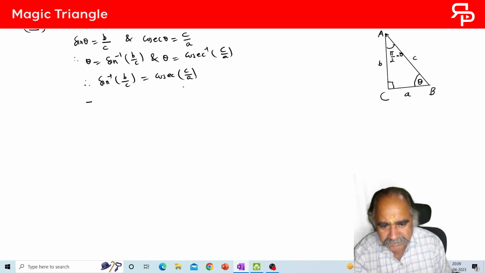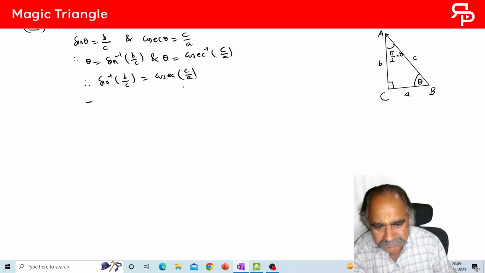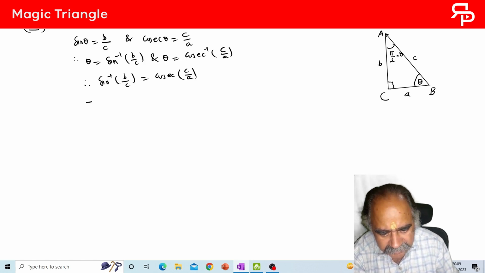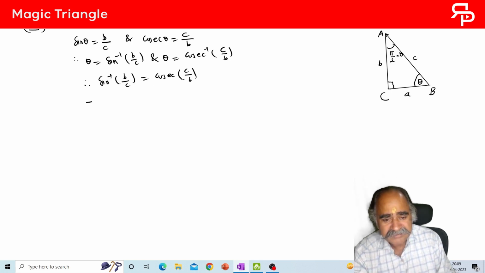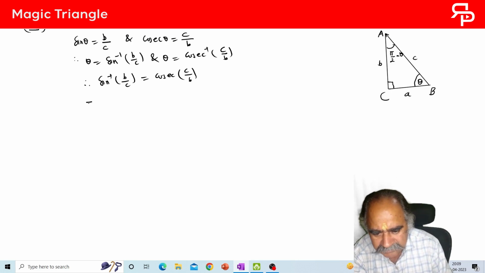And cosec theta is what? C by B, extremely sorry. This is C by B, and this is also C by B. So B by C and C by B both are reciprocals of each other.